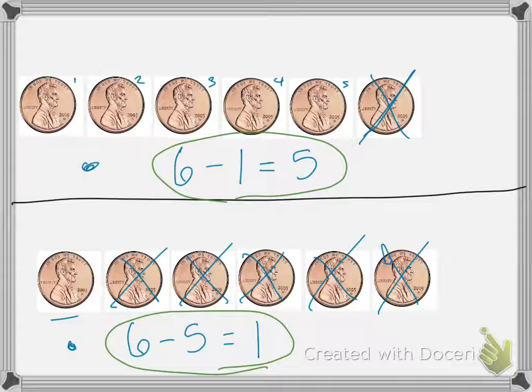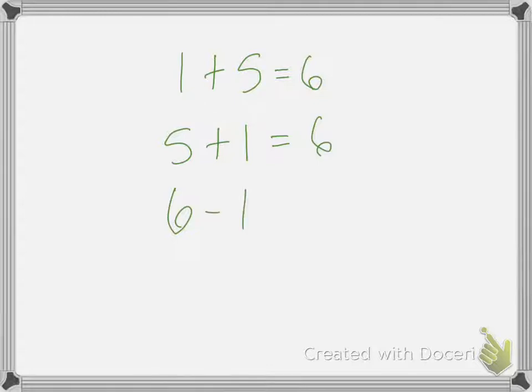So if we look at all 4 equations or problems, I had 1 plus 5 equals 6, and then 5 plus 1 equals 6, and then I had 6 minus 1 equals 5, and 6 minus 5 equals 1.